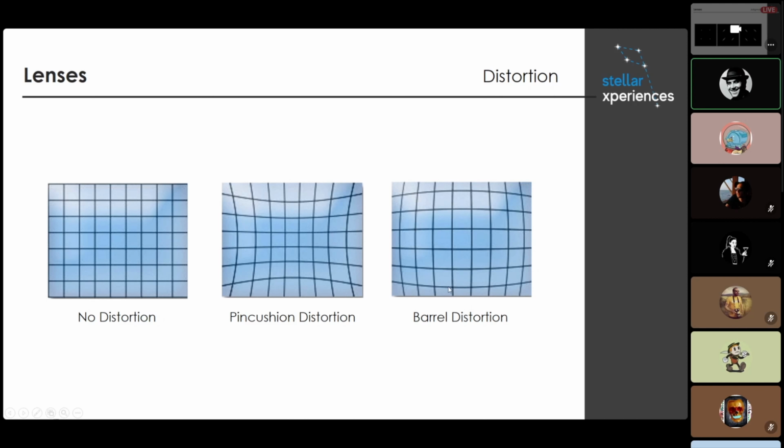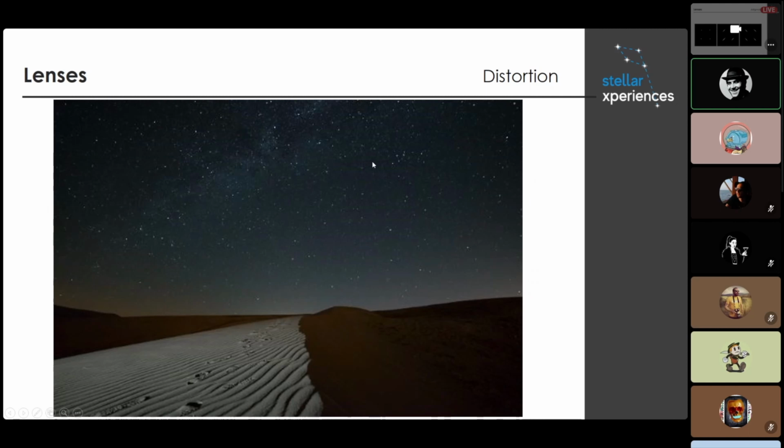Barrel distortion is seen more often, but we can fix it by stopping down or in post-processing. As most of you know, in Adobe Lightroom, there is a module where you can pick your lens and fix some of these aberrations.